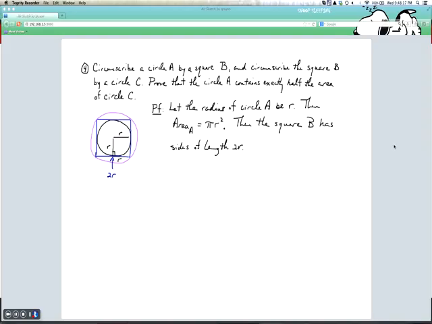If we think of this as r and this is r, what we need to find out next is out to that point, because that's going to be the radius of our circle C. You can look at it as 2r by 2r and then do the diagonal across there.